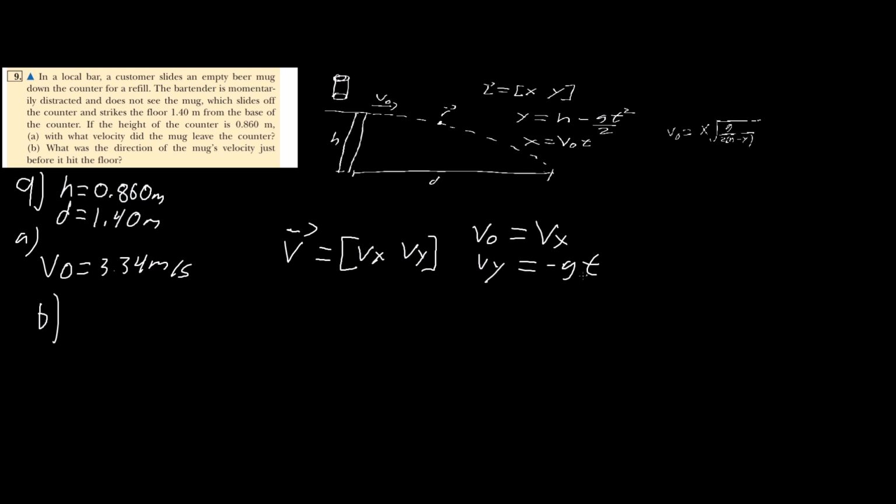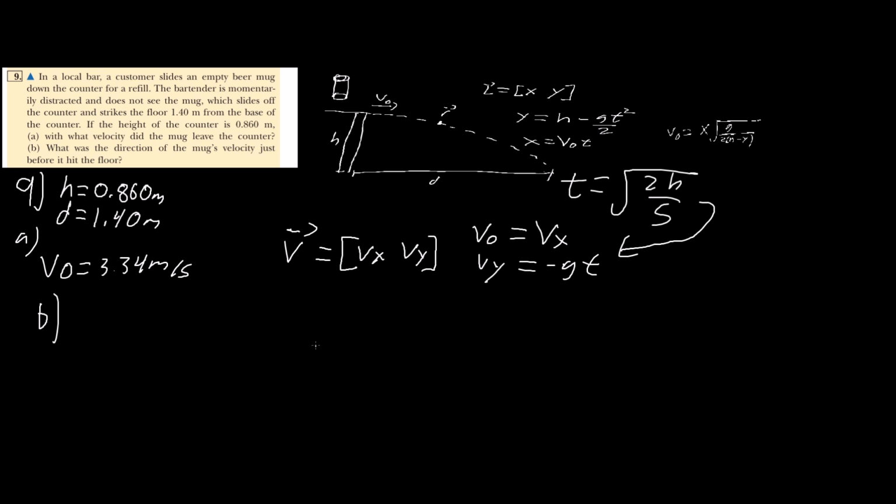And I have to take that negative into account. All right, so the final velocity is when y is 0. So we're going to use this equation. We're going to find the time it takes for it to hit the floor, and we're going to chuck it in there. So the time for it to hit the floor is the square root of 2h divided by g. There you go, beautiful. And therefore, there's your Vx and Vy.